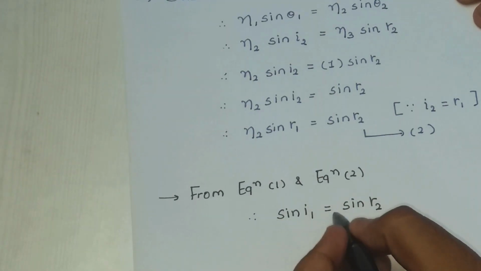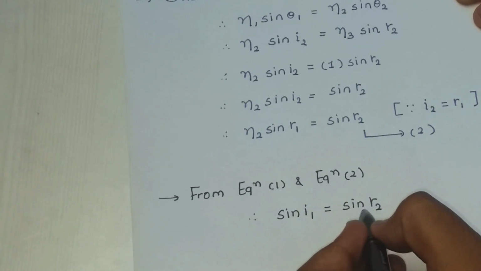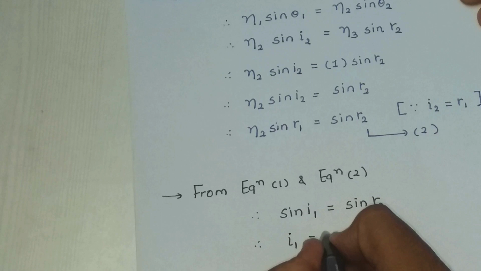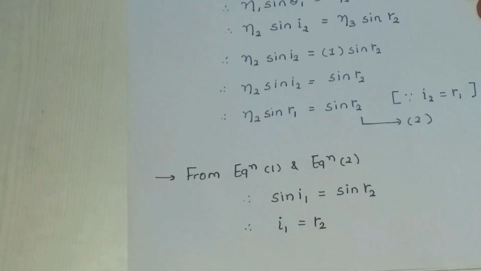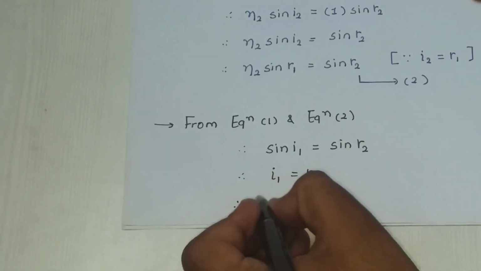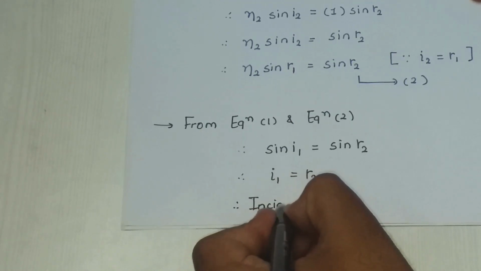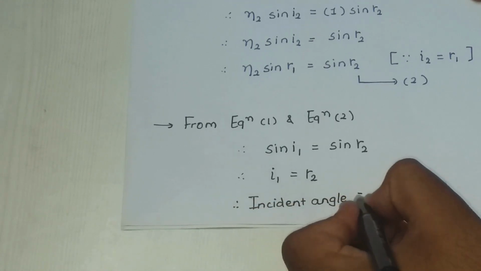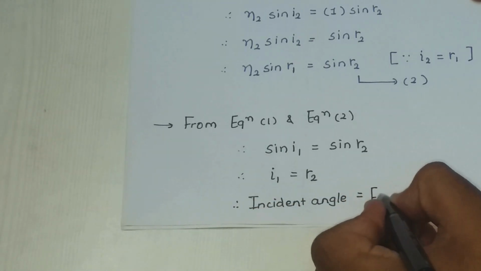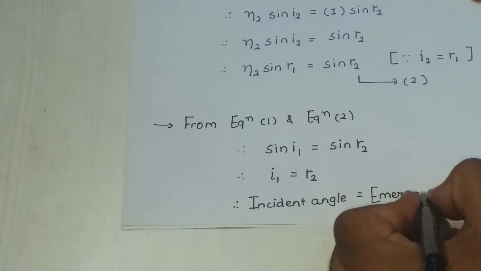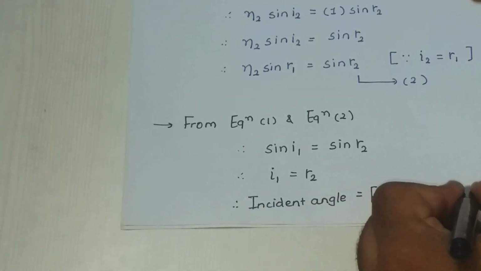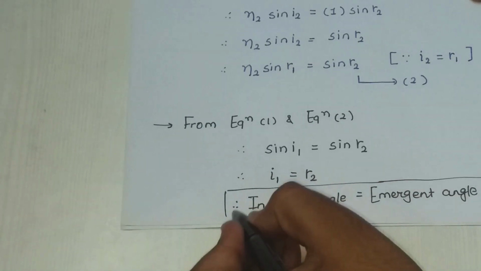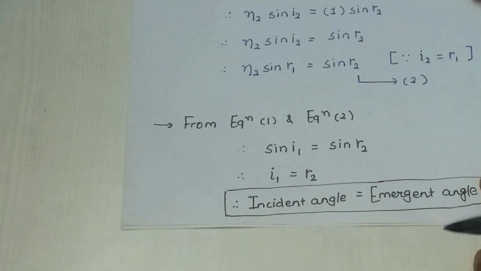Now, with the equal sign, both functions are the same, so we can say that I1 is equal to R2. What is our I1? It is the incident angle. And what about R2? R2 is the emergent angle. So here we prove the incident angle is equal to the emergent angle.